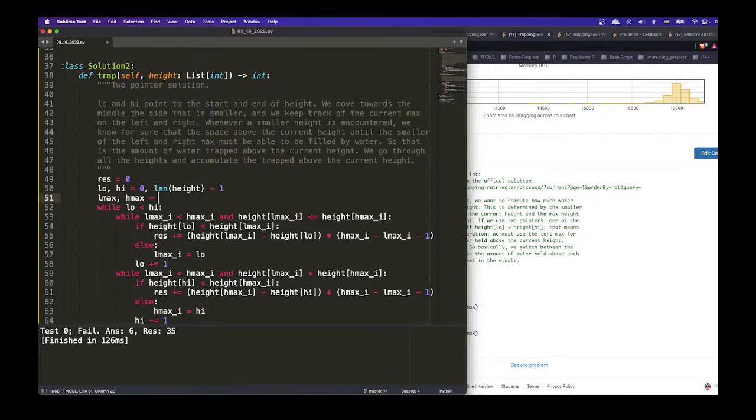And for each one, if the left max is smaller than the right max, every time we compare to this, and it's bigger, we keep moving until we reach a point which is bigger. Then we swap and start to move the other one, while the L max is smaller than this. Then we just keep going.